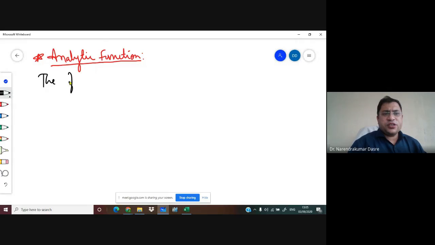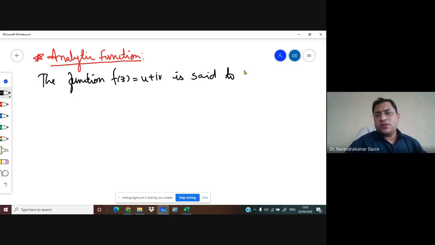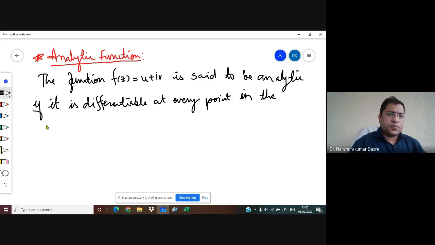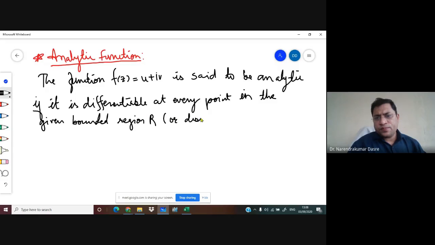The function f of z is equal to u plus iv is said to be analytic if it is differentiable at every point in the given bounded region R or the disk.